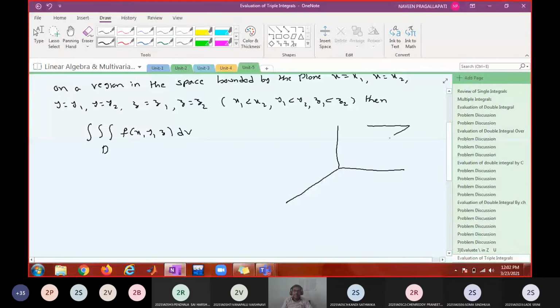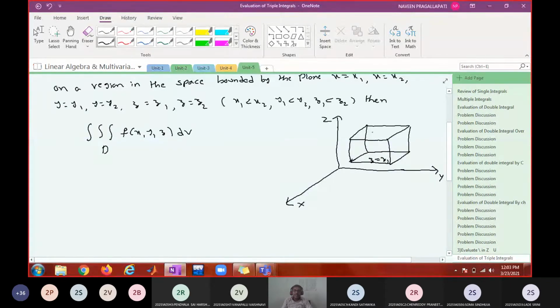Okay, so it may be like this. This is the x-axis, this is the y-axis, this is the z-axis. The lower part is the z equal to z1 plane.